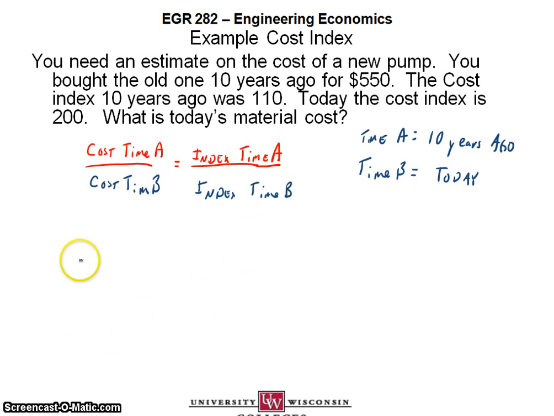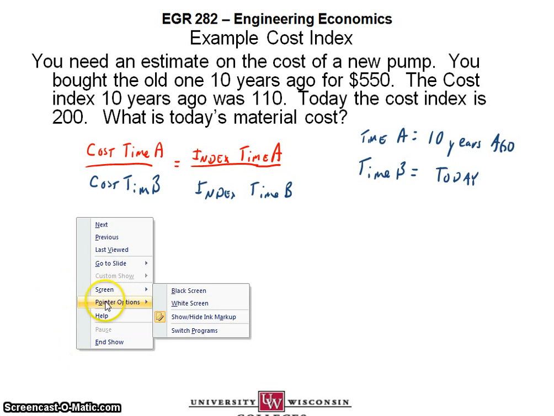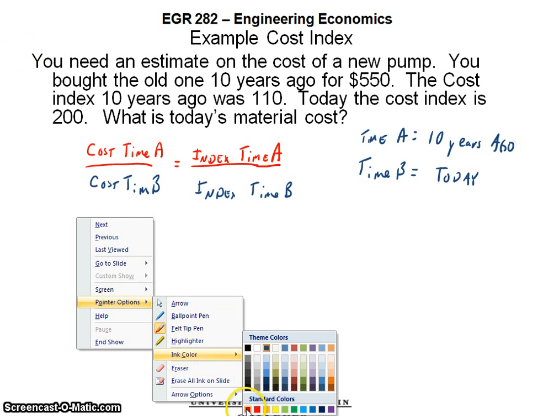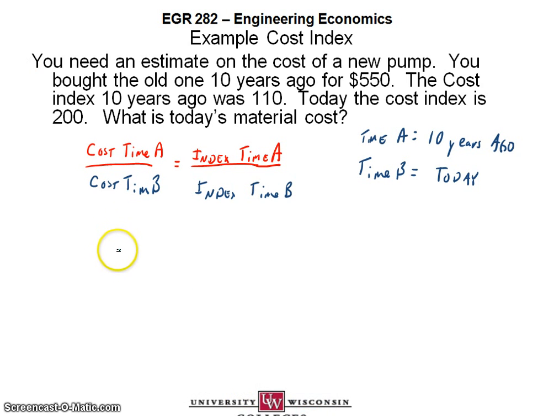Okay, so if we look at this, we know, starting out, the cost at time A is this $550. And our index 10 years ago was 110.